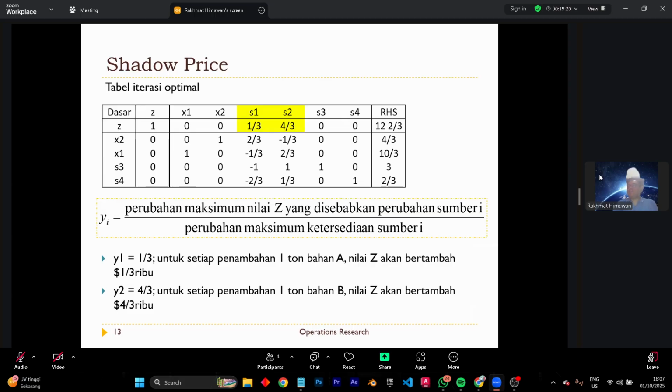This is manual, but if you do it by computer, maybe it's faster, but if it's something more complex, then it might need time. And if you know about this knowledge, then you can quickly tell how much it will increase for every unit of raw material A and unit of raw material B. Okay, well, this is what we can see.